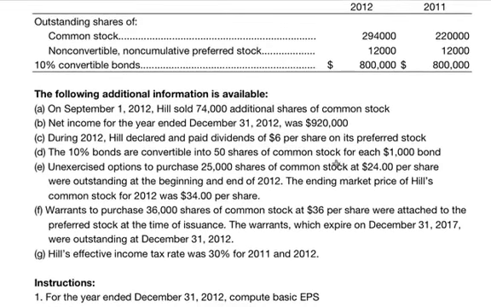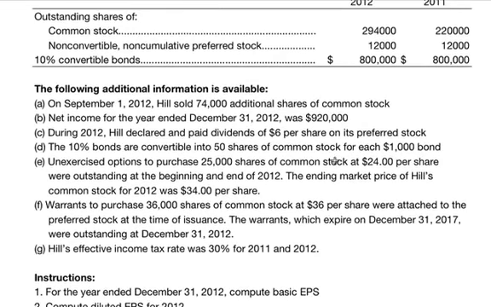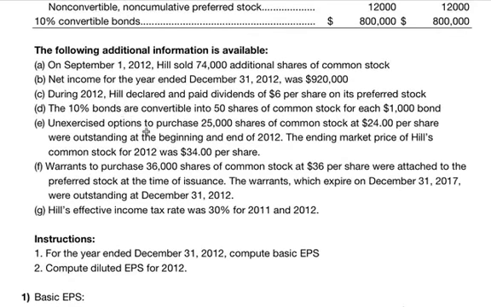So, the following information is available. On September 1st, 2012, Hill sold 74,000 additional shares of common stock. They had net income for the year ended December 31st, 2012 of $920,000. During 2012, Hill declared and paid dividends of $6 per share on its preferred stock.